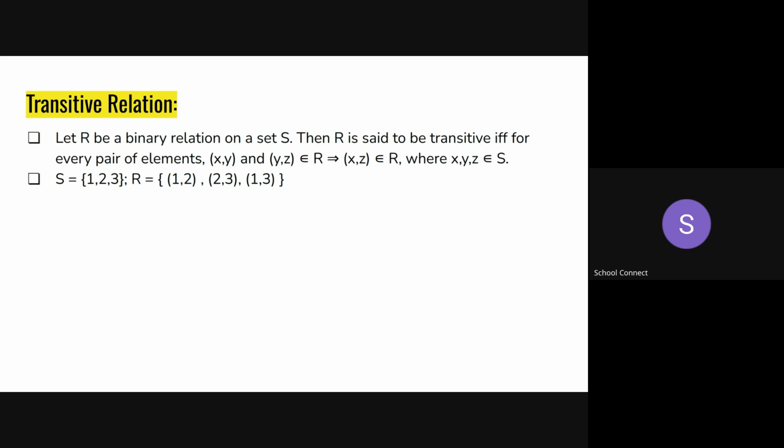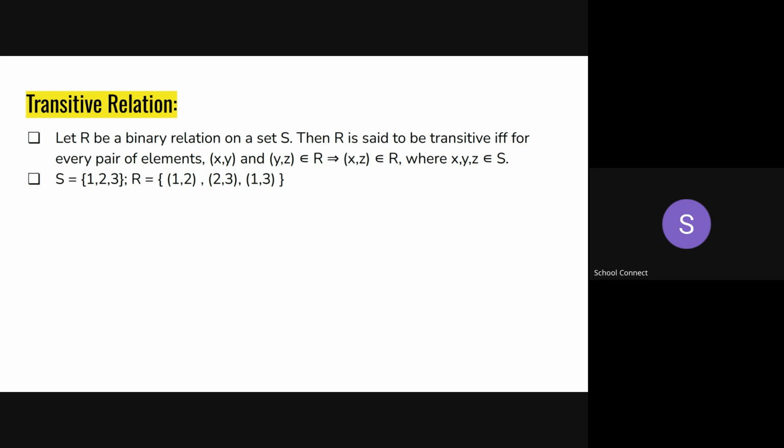Then search for any elements which start with 2. If you search, there is one element which is (2, 3). So now (1, 2), (2, 3) form a pair like this, (x, y) and (y, z). Now our job is to search for (x, z), which is (1, 3). So just check whether (1, 3) is present or not. And again, if you see, (1, 3) is present. Therefore, (1, 2), (2, 3), there is (1, 3). And with respect to (1, 2), this particular relation is transitive.